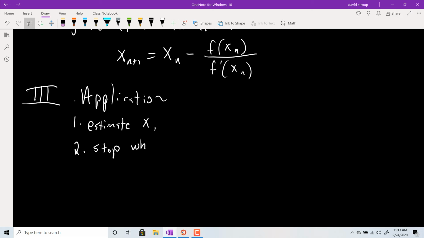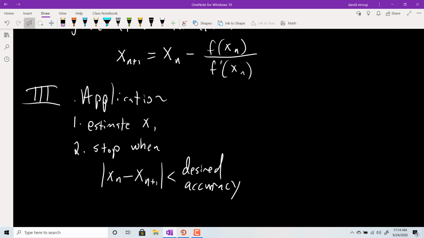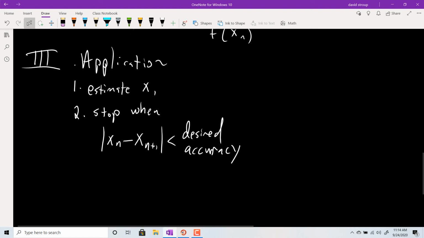Well, you're going to stop when the difference between two consecutive values is less than whatever value you're given. So the book will give you some desired accuracy, and as soon as you see that the values aren't basically changing anymore, that will give you your final approximation, which will be the x sub n plus 1.